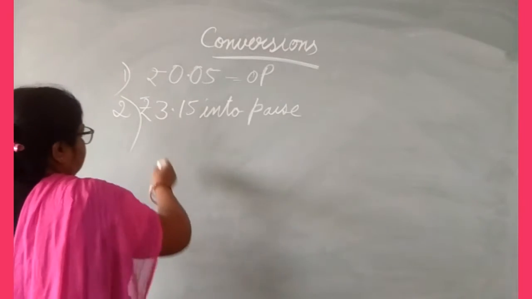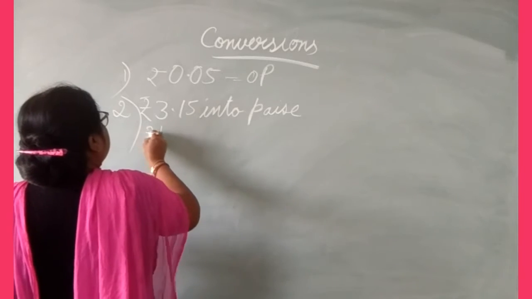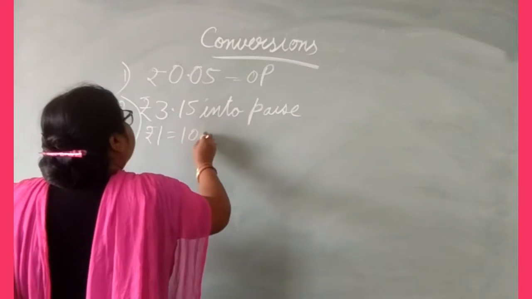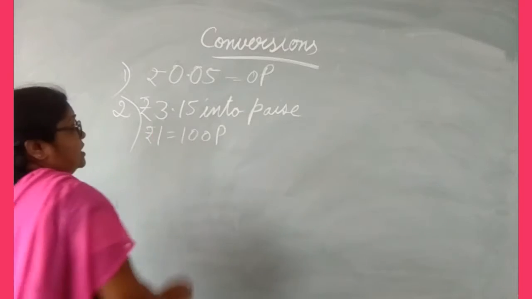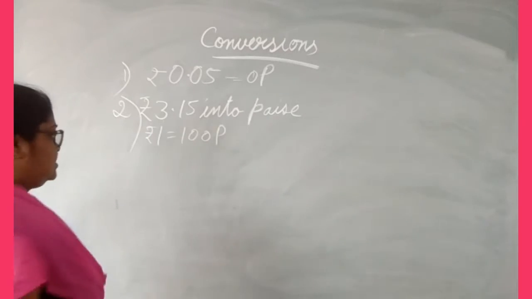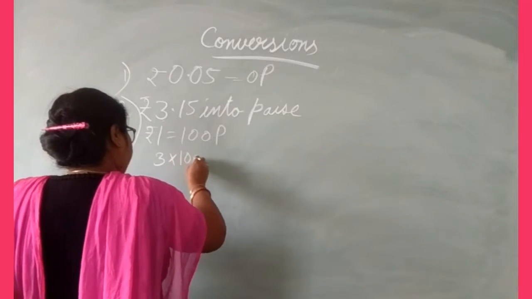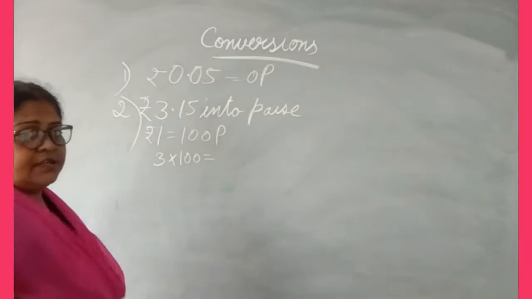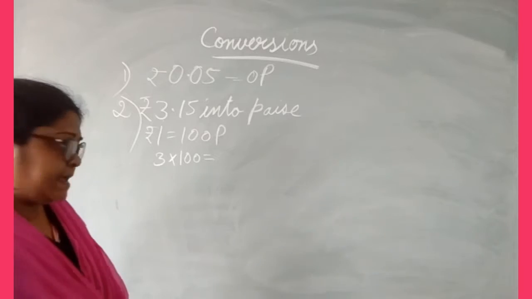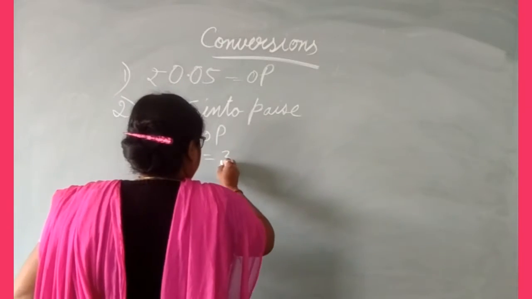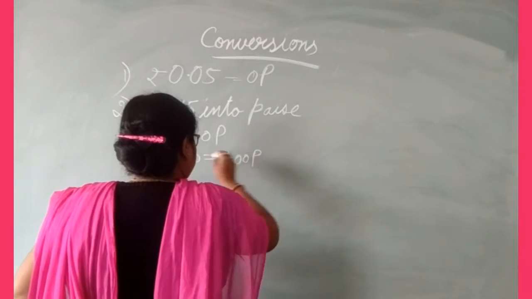So here given 3 rupees, so what you will do? 3 into 100. How much paisa you got here? 300 paisa.